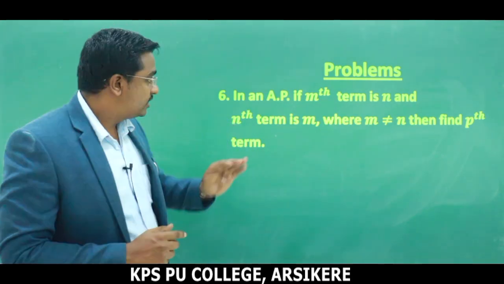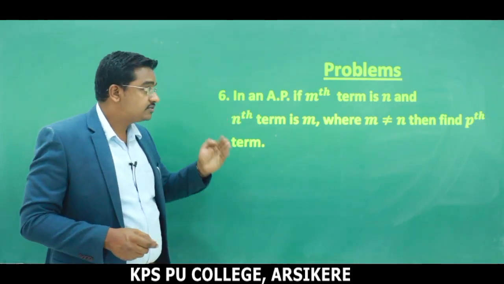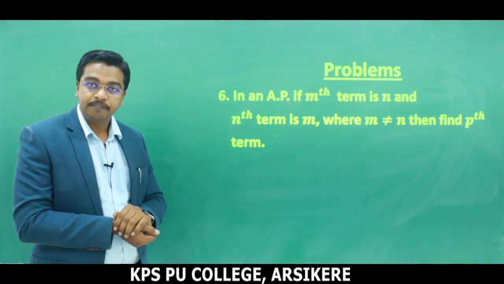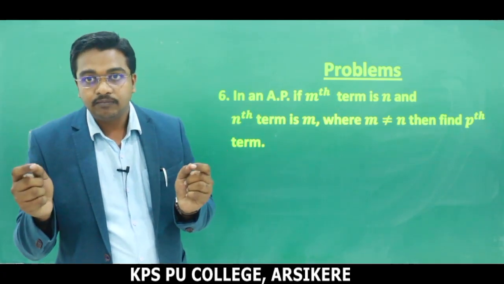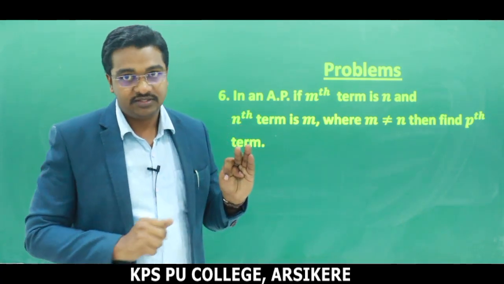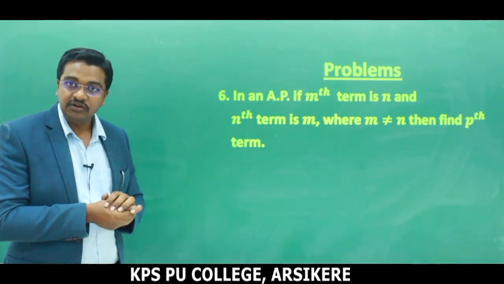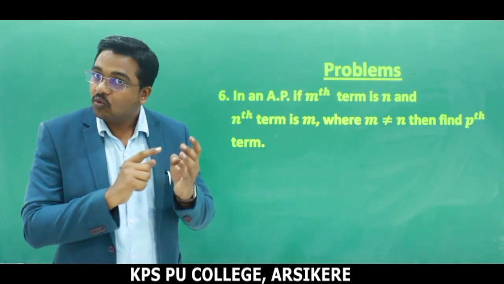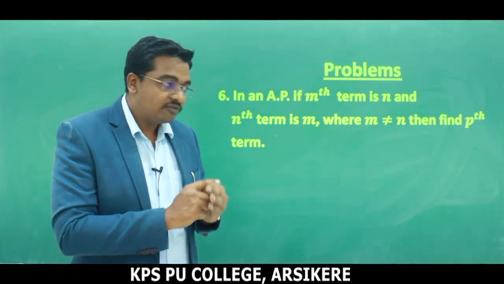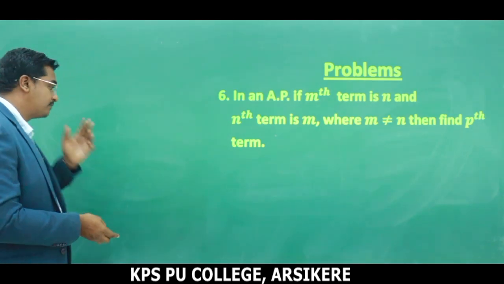What is given is the mth term as well as the nth term. Using those values we have to find the pth term of the AP. To find the pth term, what is the requirement? First term and common difference. So using the given condition, first we have to find the common difference and first term. Using these, we can find the pth term of the given AP.